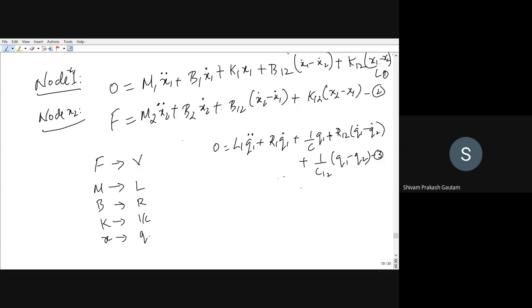Now we will compare equation number 2. Force is analogous to voltage.